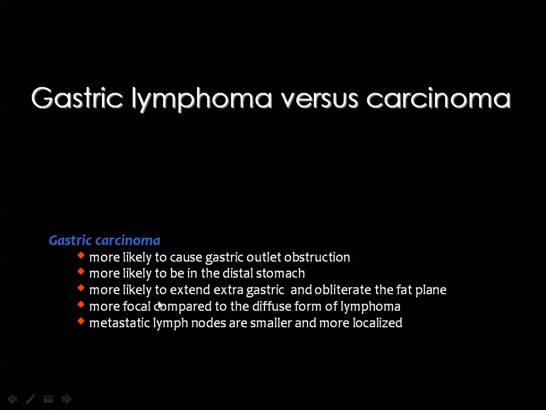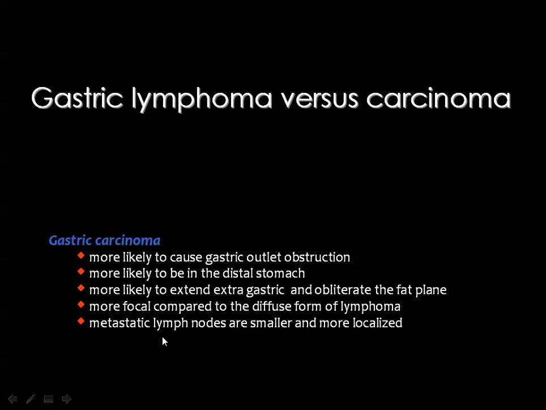Gastric carcinoma has the tendency to extend outside the gastric lumen, infiltrate the perigastric fat planes, and invade the adjacent organs. In cases of lymphoma, the lymphoma is usually diffuse and involves the whole gastric wall and infiltrates the mucosa, resulting in hypertrophy of the mucosa and maybe reduction of the gastric lumen.